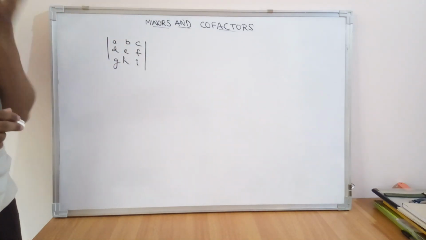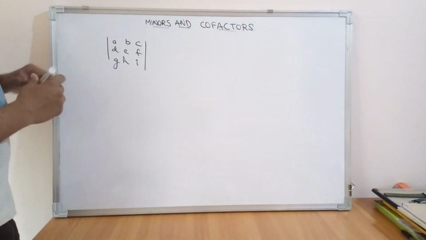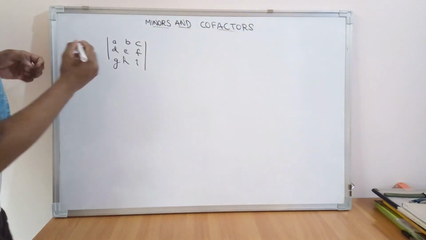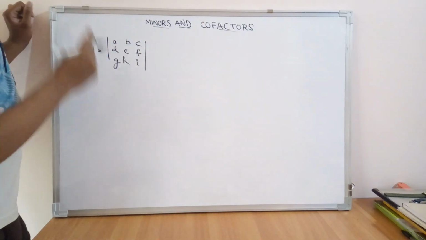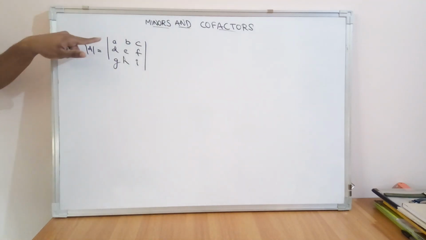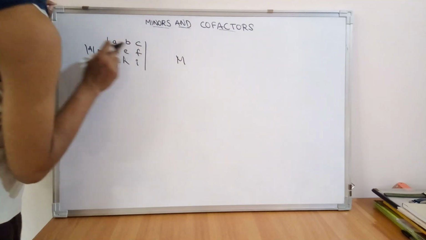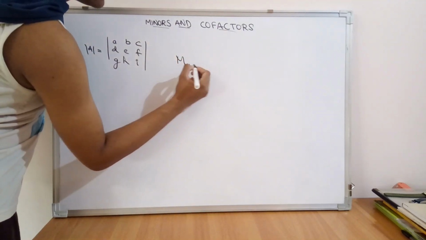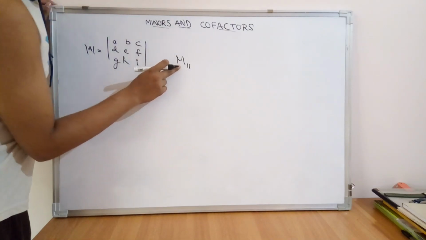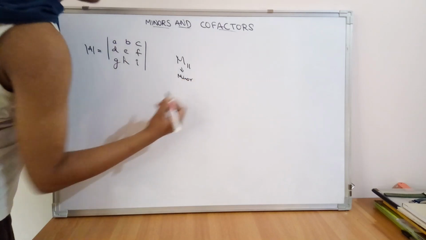Say this is the determinant of matrix A. What will be the minor of a? The minor of a is M11, first row, first column. This is the representation for minor.